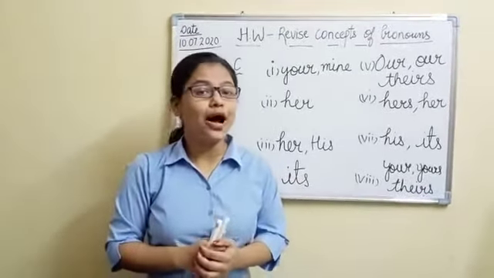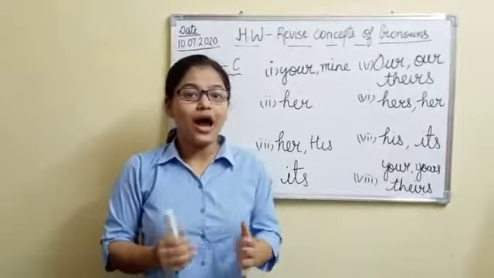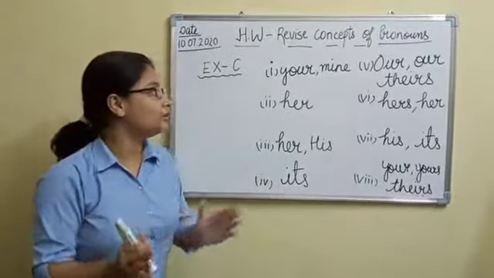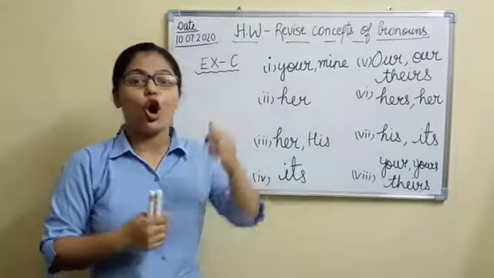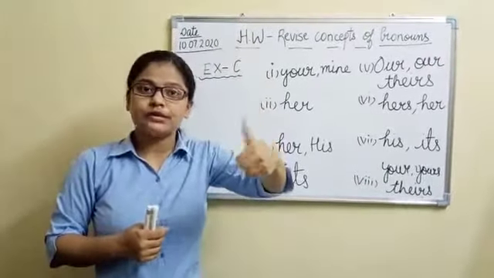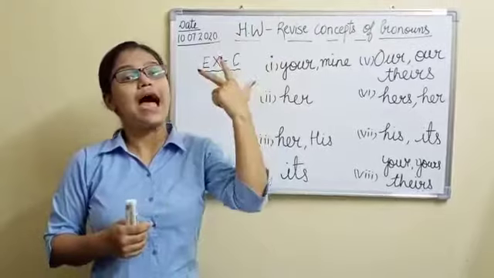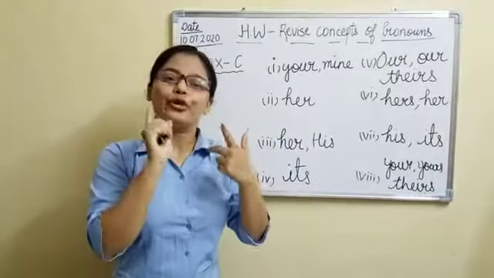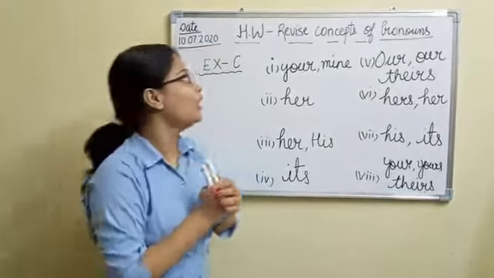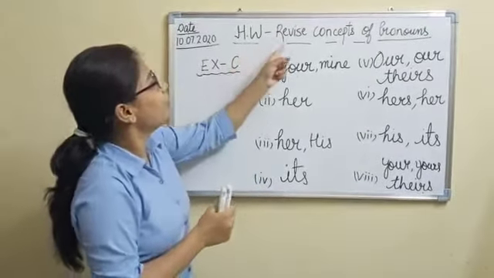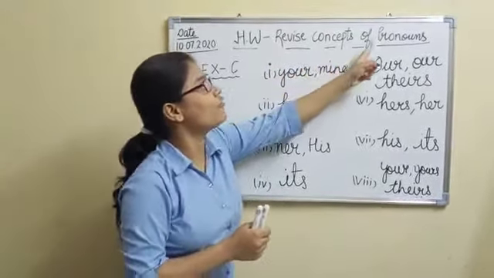Now what you are going to do is revise the concept of pronouns, personal pronouns, and the third one, possessive pronouns, right? And what is the homework for you all? The homework is to revise the concepts of pronouns.